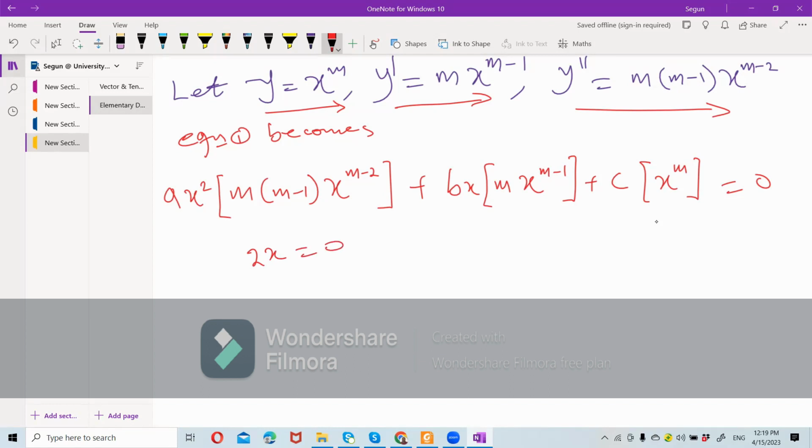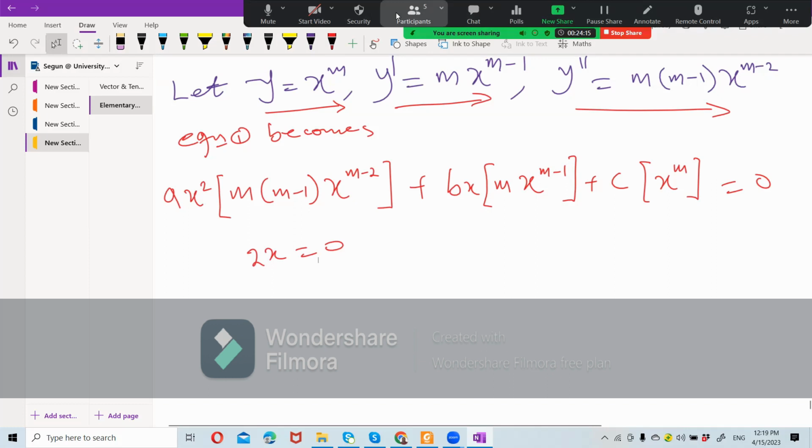2x equals to 0, what is x? Anybody? Find x. When they said 2x equals to 0, did I ask you to find the x? What is the x? I need the response, please.